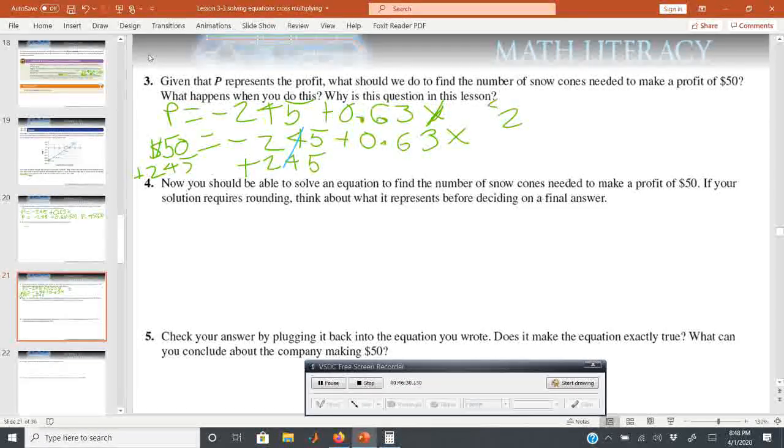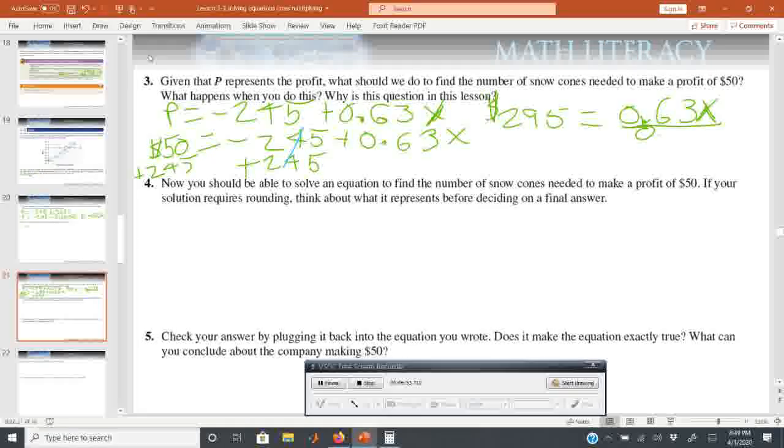So now we have 295 from our 245 plus 50 equals, now we just have 0.63x, and we divide both sides by 0.63.